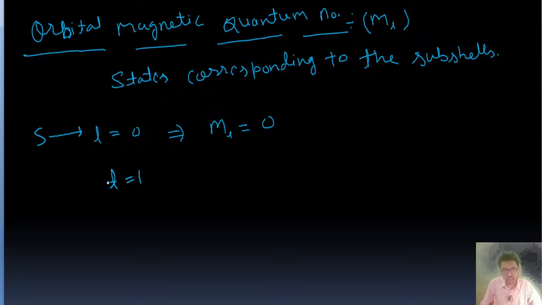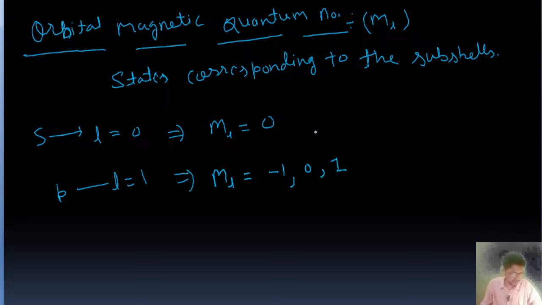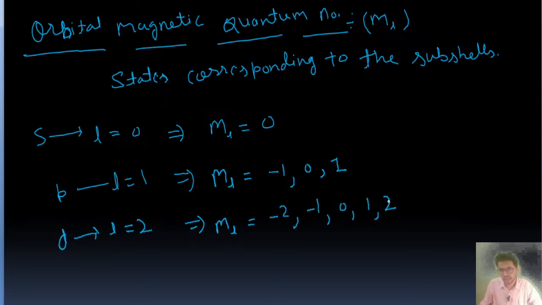For L equal to 1, which is P, the ml values are -1, 0 and 1. Similarly, for L equal to 2, that is D, the values of ml are -2, -1, 0, 1 and 2.